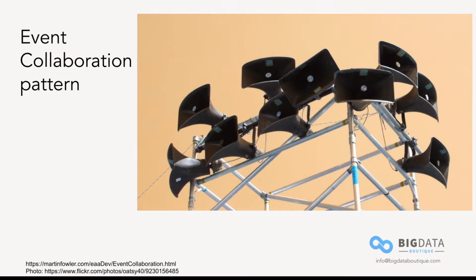Then they move to event sourcing, basically to decouple systems and to avoid them being coupled between them. And then once they're familiar with that and they see the advantages, they start with the event collaboration pattern.